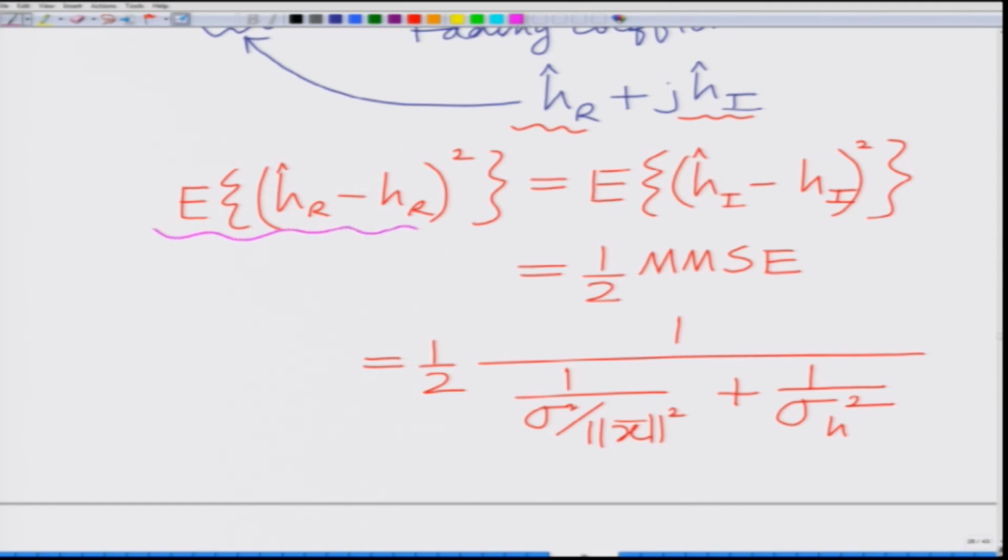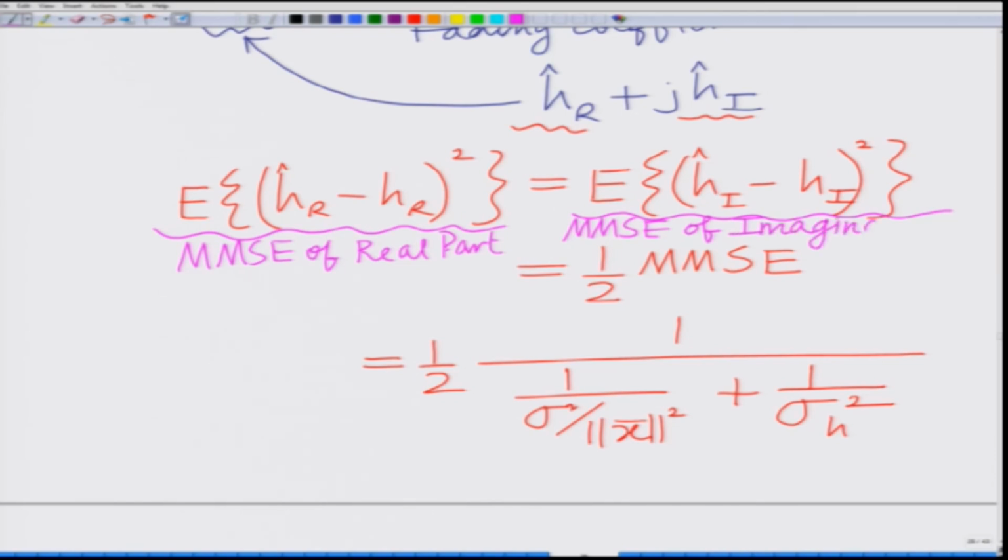This is the MMSE of the real part, this is the MMSE of the imaginary part, and this is your actual MMSE, or you can also call this the total MMSE.